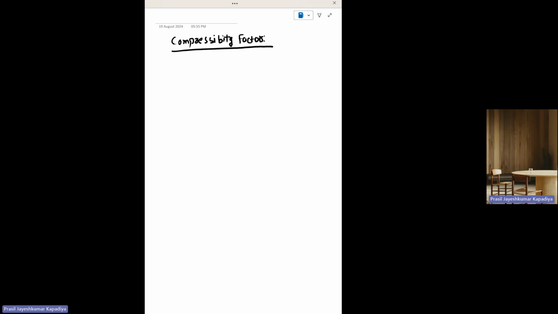Compressibility factor is denoted by the symbol Z. The definition of compressibility factor is, sorry, compressibility factor definition is actual volume of gas divided by ideal volume of gas.